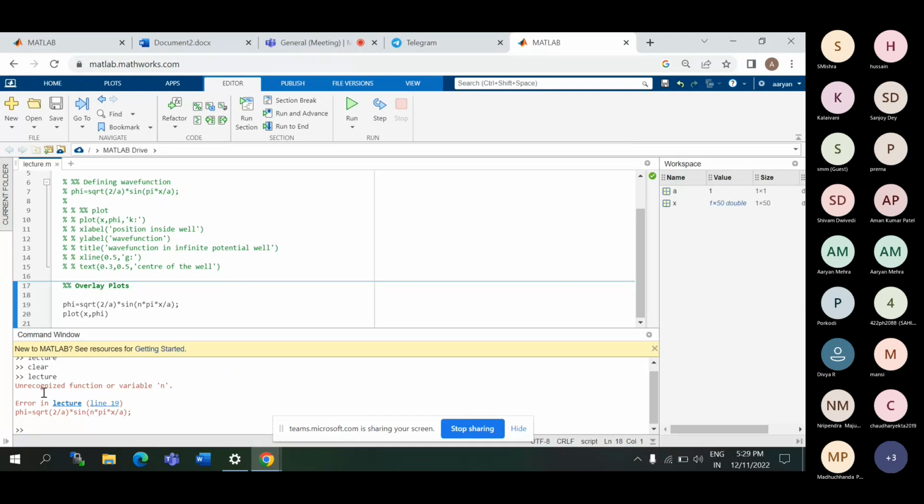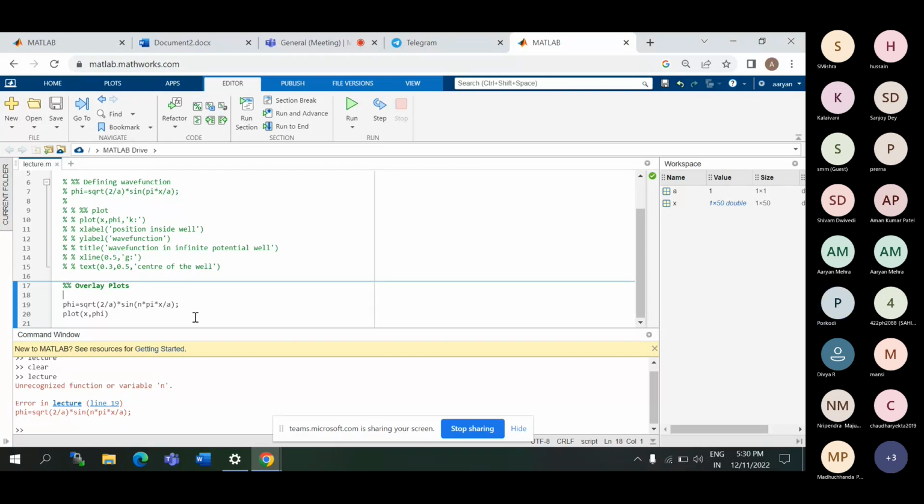Okay, so you see there is an error: unrecognized function or variable n. Can anyone guess why the graph was coming before? Before this error, there was a graph coming. Why was that happening? Sir, due to the sine function, maybe? No, there is no sine.